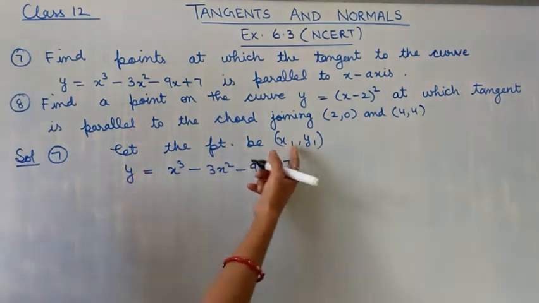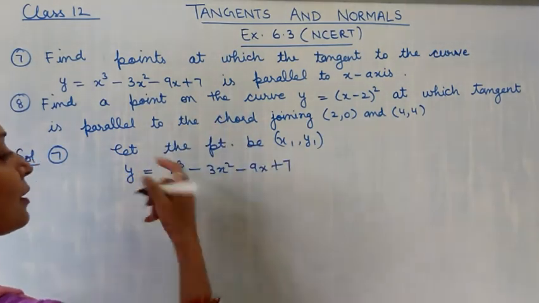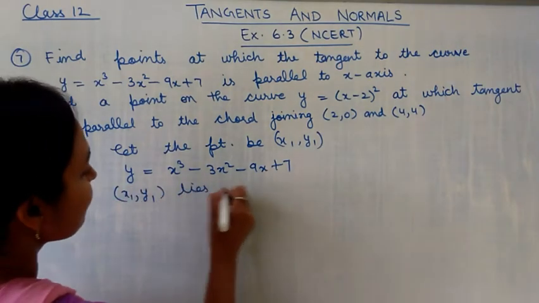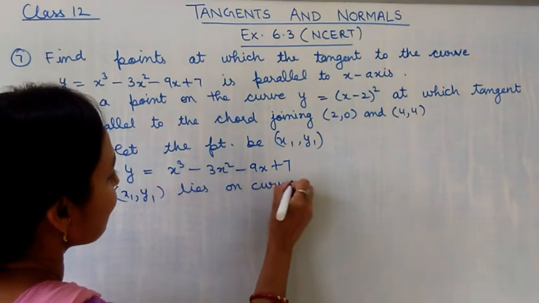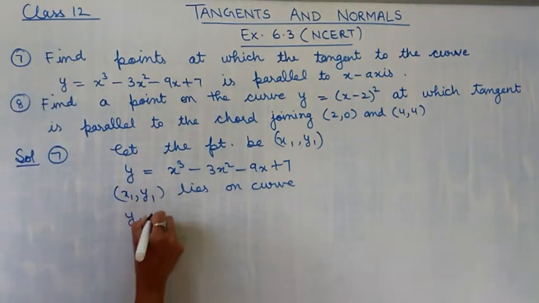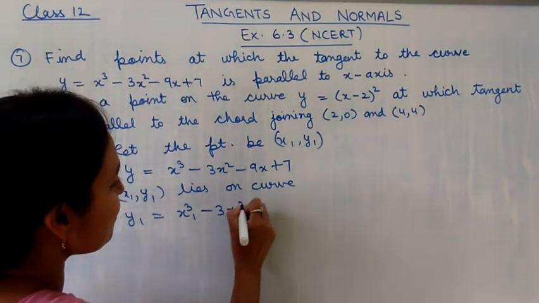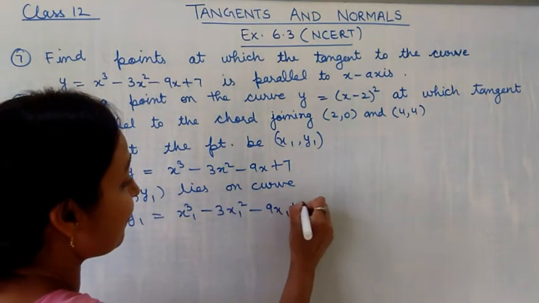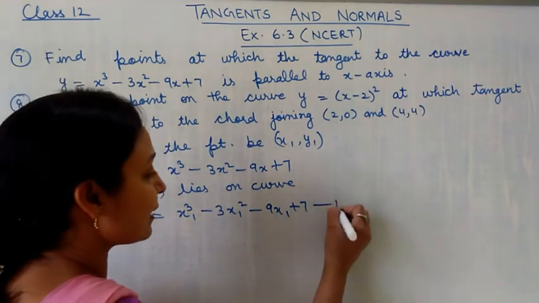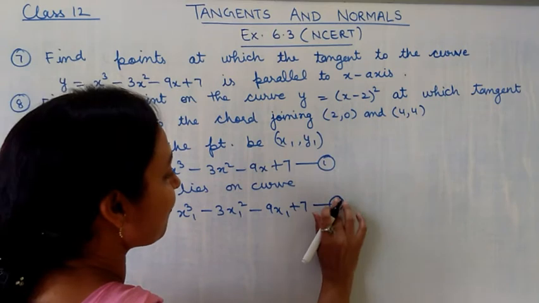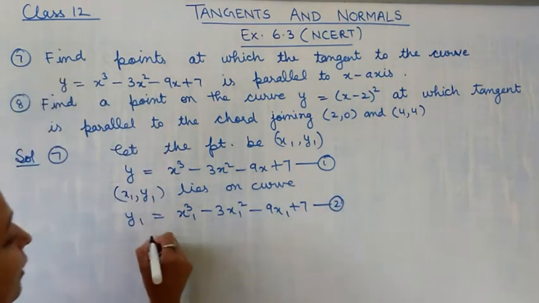And this point x1, y1 lies on the curve, right? That means y1 is equals to x1 cube minus 3x1 square minus 9x1 plus 7. I will write it as equation number 1 and this as equation number 2.